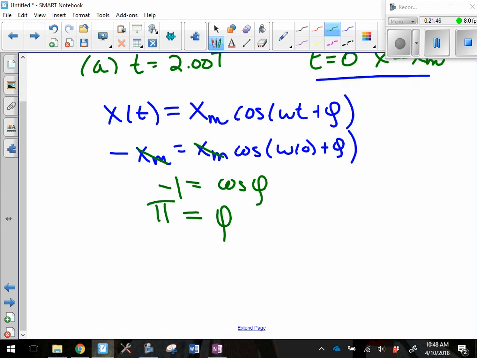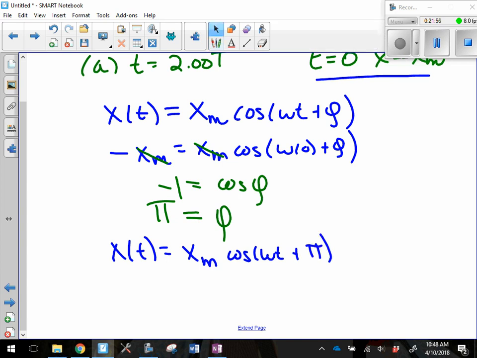So this means that my function is x of t is xm cosine of omega t plus pi. And now it's easy. Now I just substitute in my numbers, right?